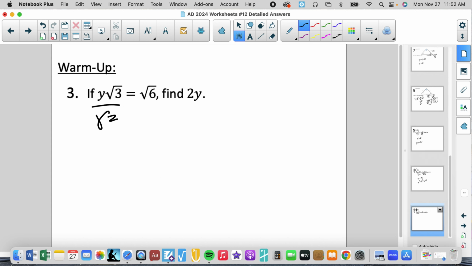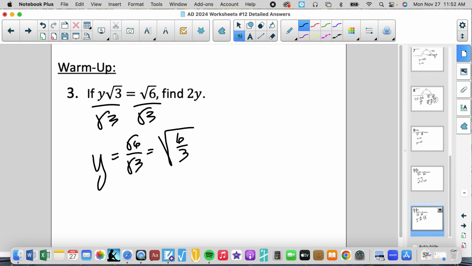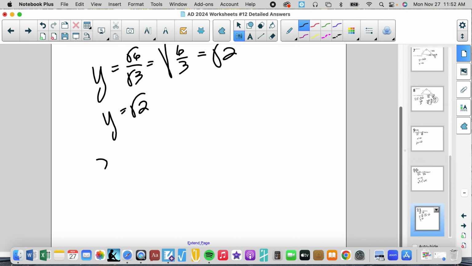I like that. This is good. Divide by rad 3 now. Y equals rad 6 over rad 3, which we can write under the same radical, and that can be simplified to rad 2. That can't be simplified more. So y equals rad 2. And if we want 2y, that equals 2 times rad 2. So 2y equals 2 rad 2.